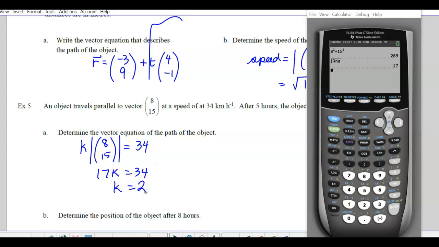So k equals 2. So our velocity vector is going to be 2 times (8, 15), which is (16, 30).